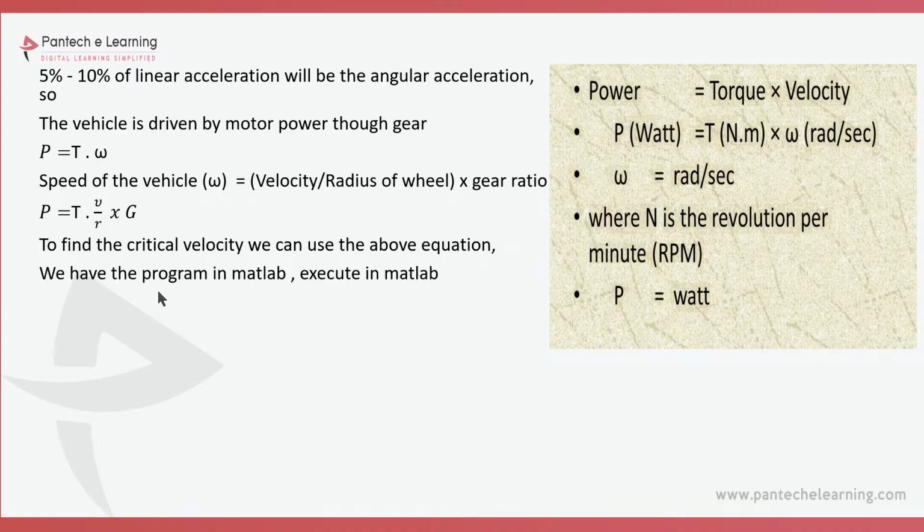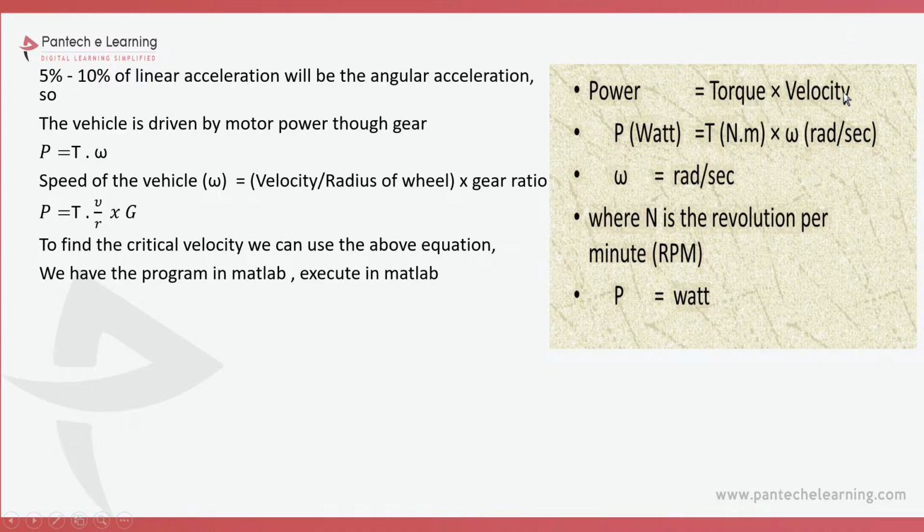So P equals T into V by R into G, where T is the torque, V is the velocity of the vehicle, R is the radius of the wheel, and G is the gear ratio. Okay, if we have to find the critical velocity of the equations, you can program it in MATLAB and substitute to find the critical velocity. So this is a unit conversion here.